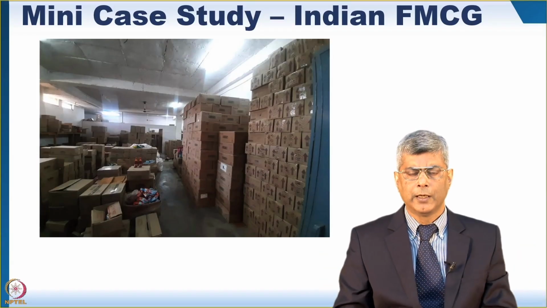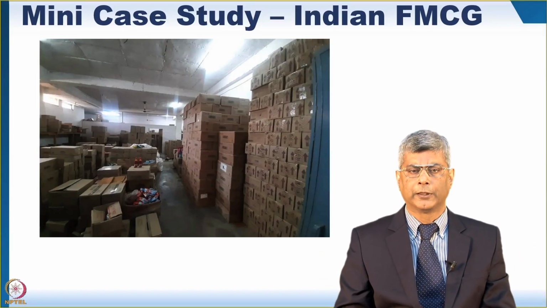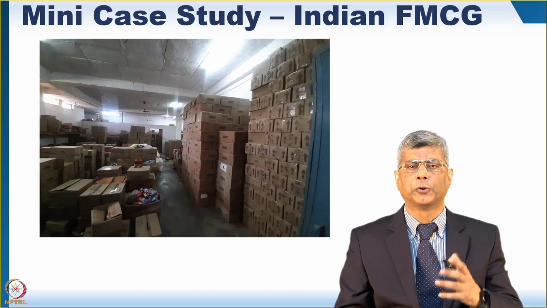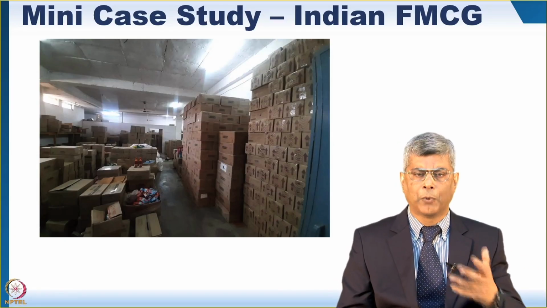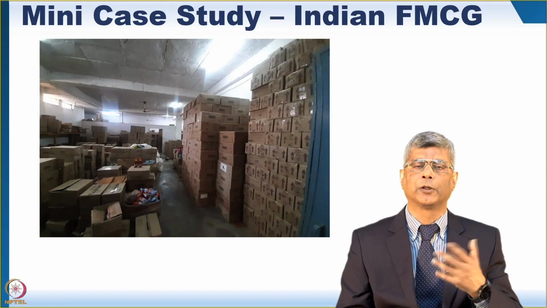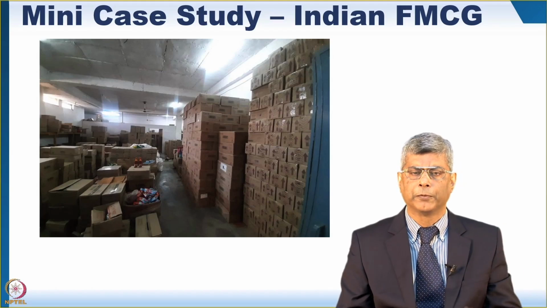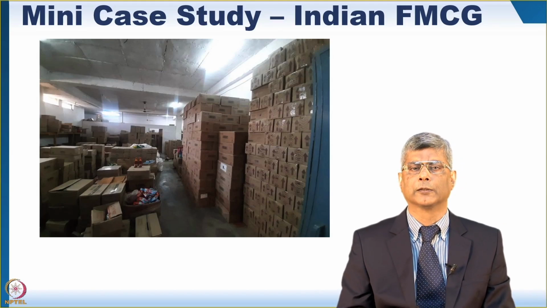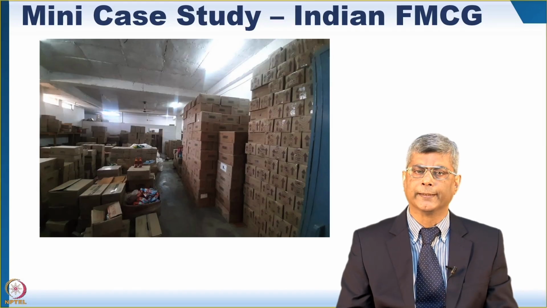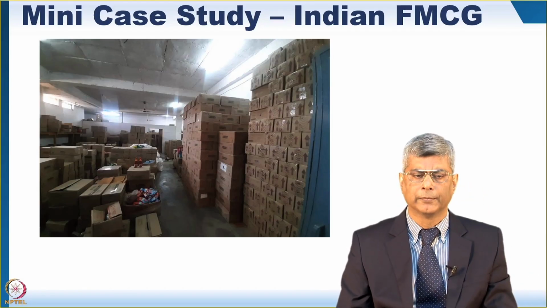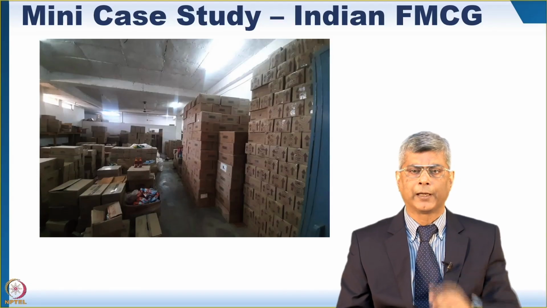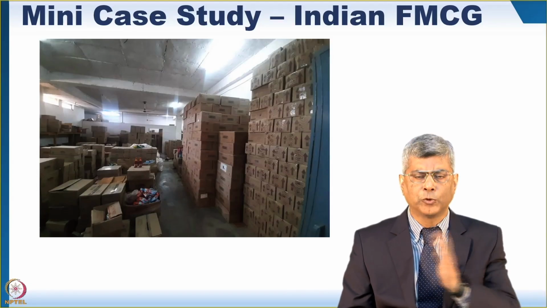So you can see in this particular picture, goods being stored in cartons. And one carton can carry 12 bottles of water, or 24 biscuit packets, or 100 small blade packets, for example. So that's a warehouse, outbound.